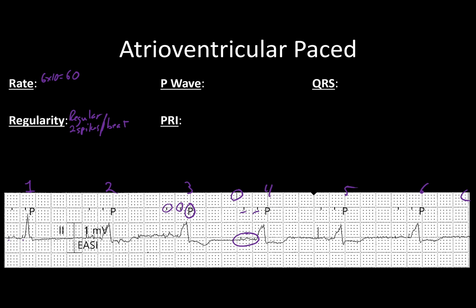We don't have any ectopy, but I do have a question about artifact. I really feel like I have some. I think through here is a lot of artifact, which makes it really difficult. And a lot of this kind of fuzz between 4 and 5, and 5 and 6, I feel is all artifact as well.